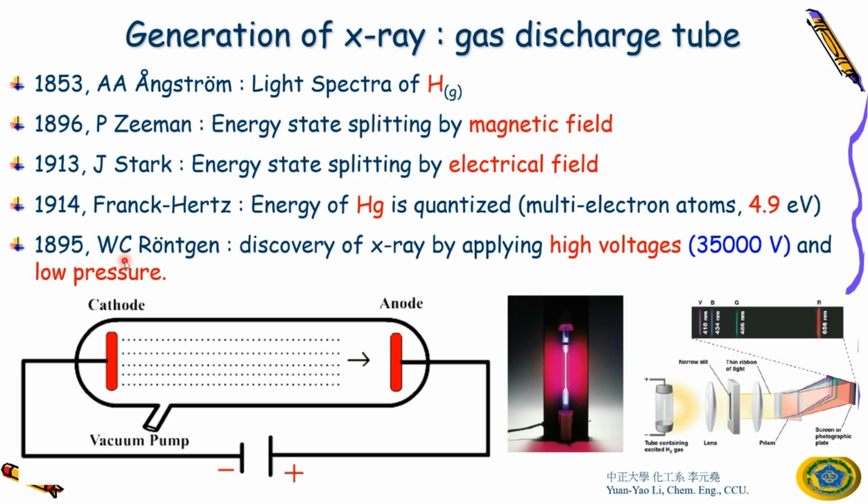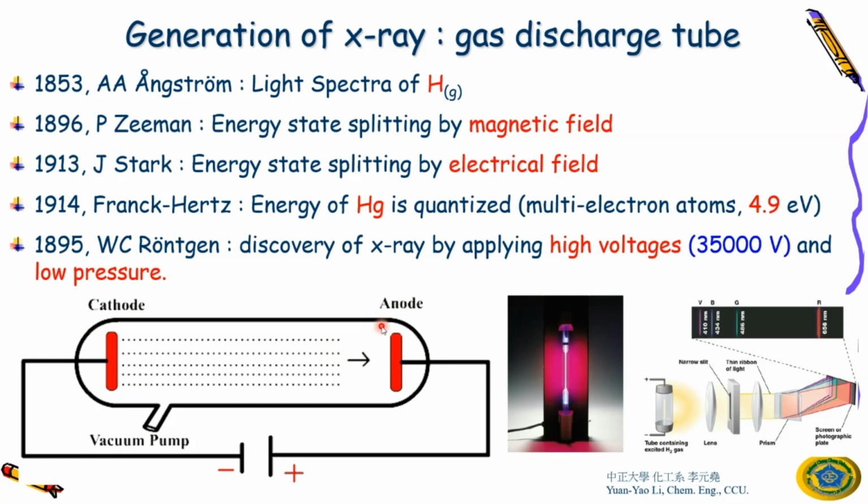But if we track back to the end of the 19th century, Röntgen, instead of putting different materials into this gas discharge tube, applied a very high voltage, about 35,000 volt, at low pressure.